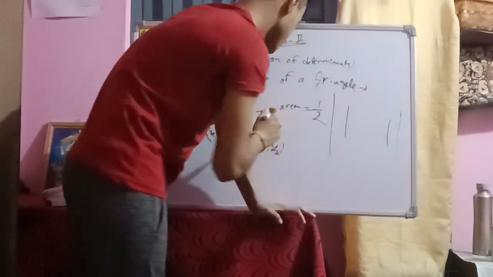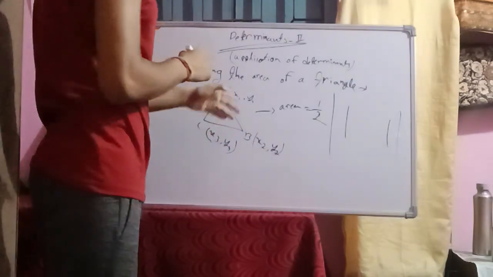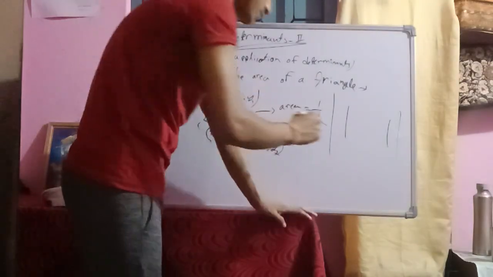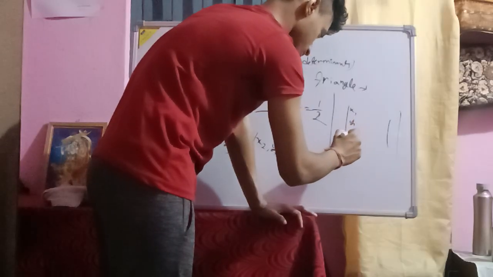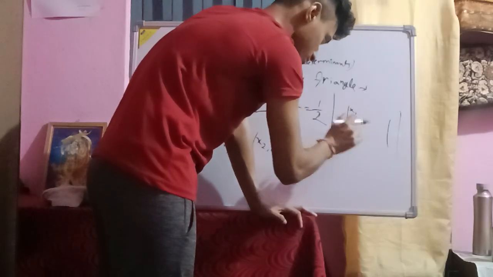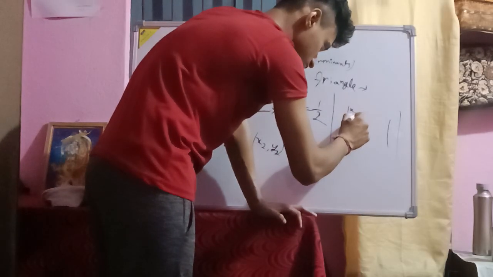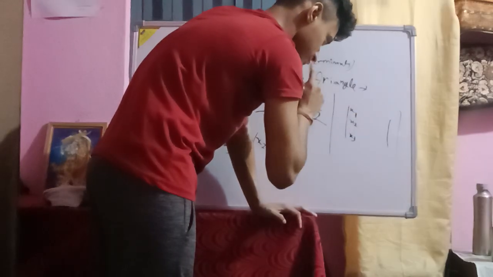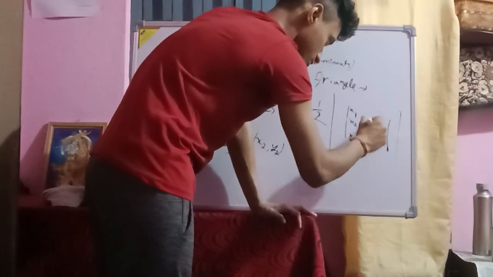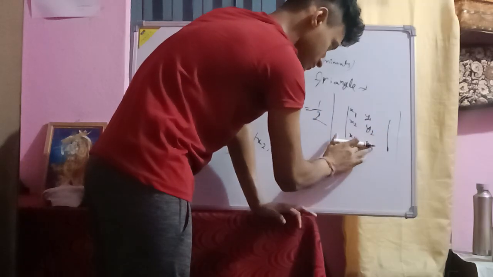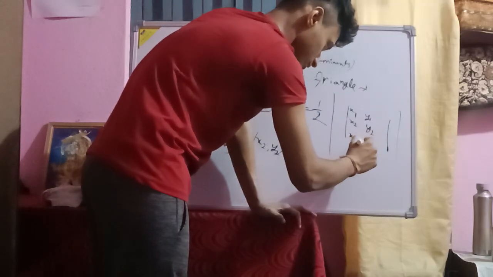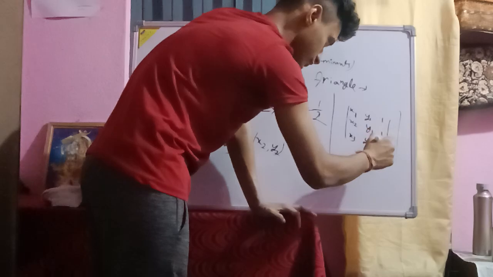In the first column we would have the x coordinates of these points: x1, x2, and x3. The second column would be y1, y2, y3. The third column would have three ones: 1, 1, 1.